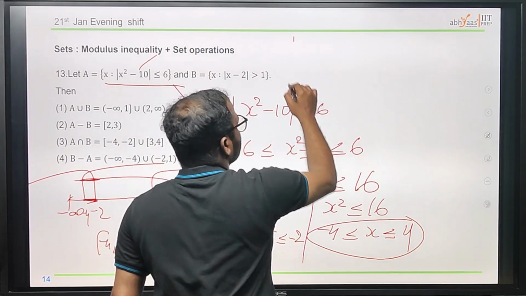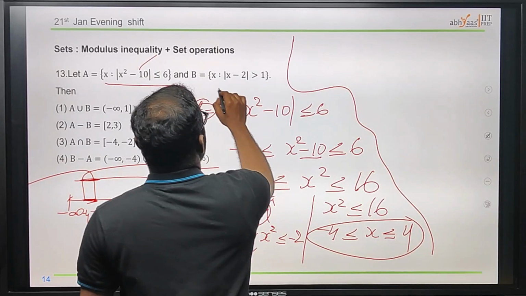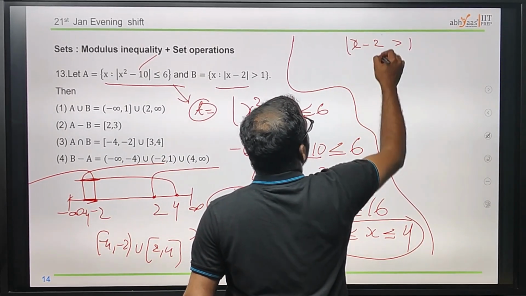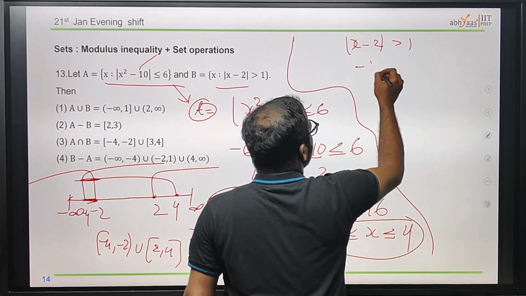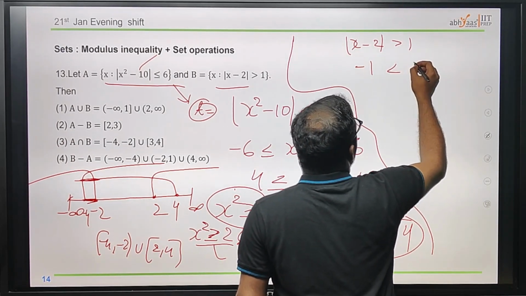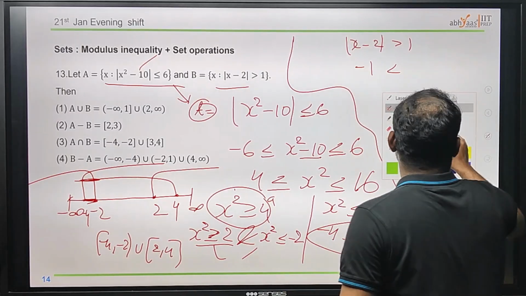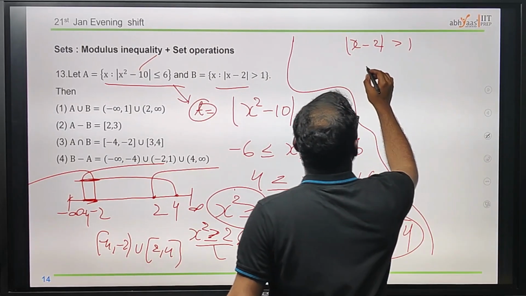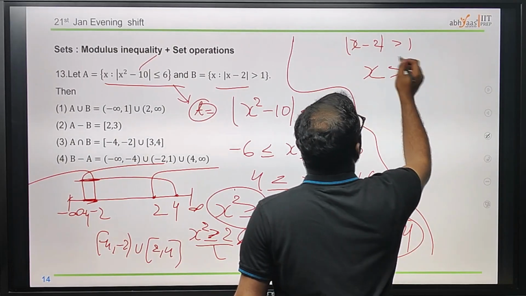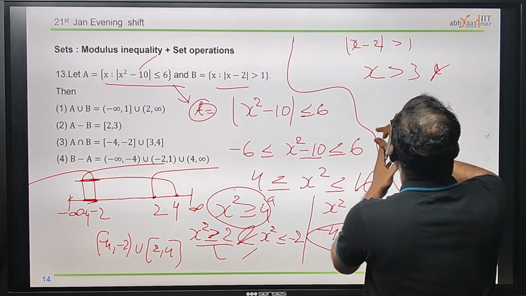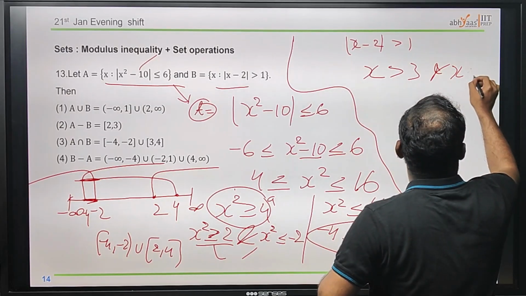Okay, if you see the B one, which is |x minus 2| greater than 1. If you take the modulus, minus 1 less than or equal to, sorry, only less than, but since we have greater than 1, we don't need to do this. That will be x greater than 3, and we have x less than 1.